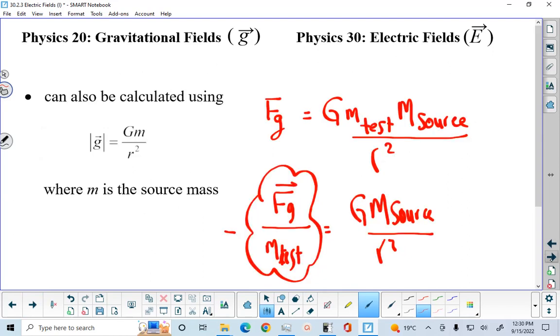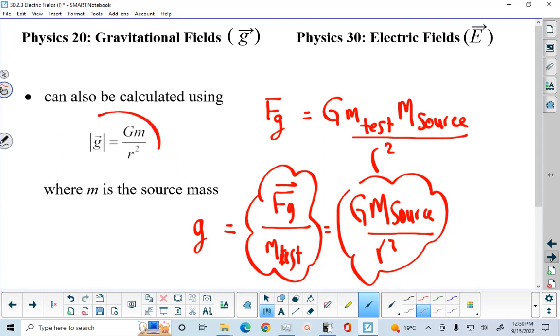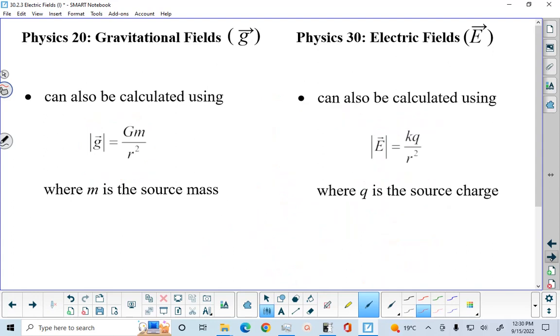This is equal to g. And since that thing is also equal to this, g is also equal to it, which is what I'm telling you here. I'm not going to go through the derivation, but there's a similar kind of comparison you could make where you can find electric field strength by saying it's kq over r squared, where q is the source.